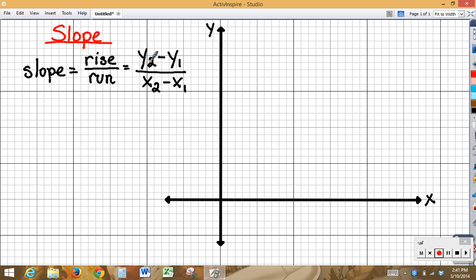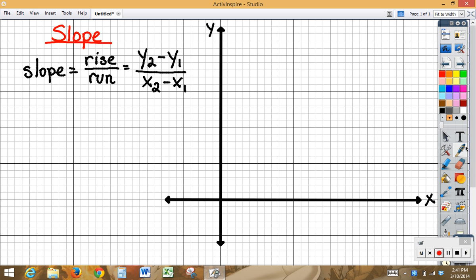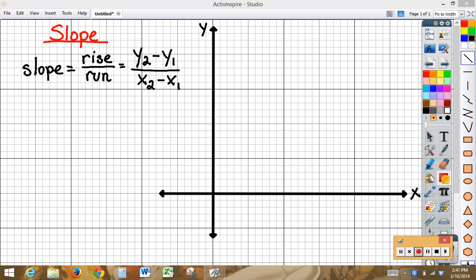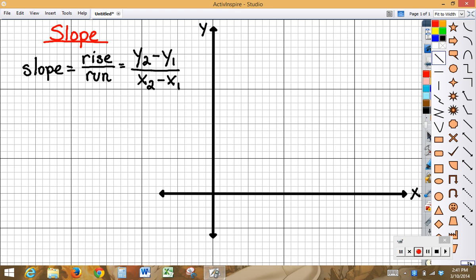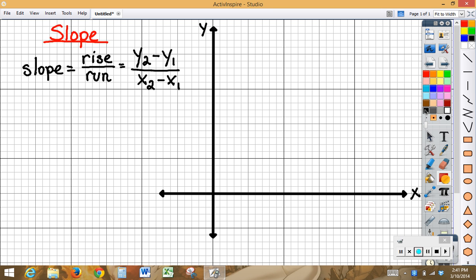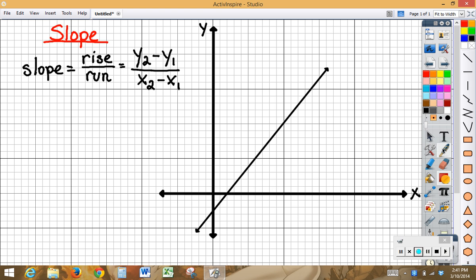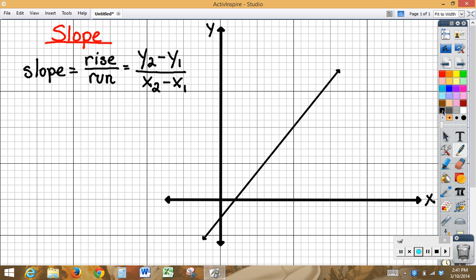So let's take a look at an example. So I'm going to draw a nice little line right here, and we're going to talk about its slope. Move that out of the way. Okay, great. Alrighty, that looks good. And I'm going to label my coordinate plane right here.